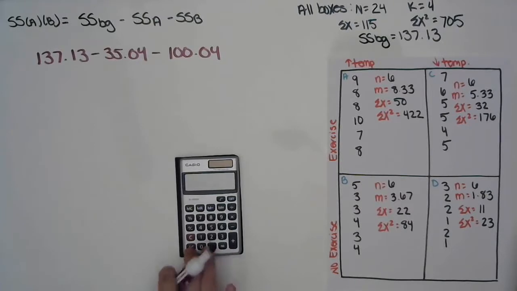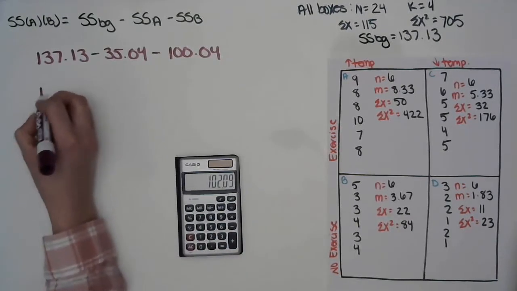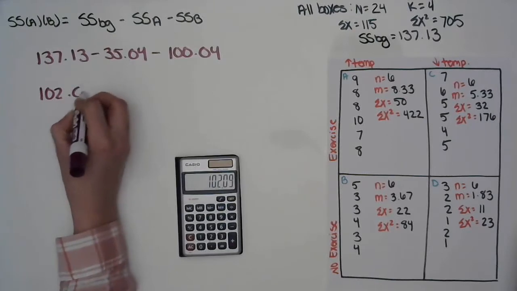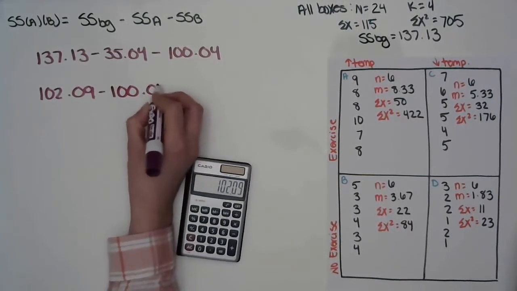Okay? All right, so let's do these two values first. So we'll have 137.13 minus 35.04. That's going to give us 102.09 minus 100.04.